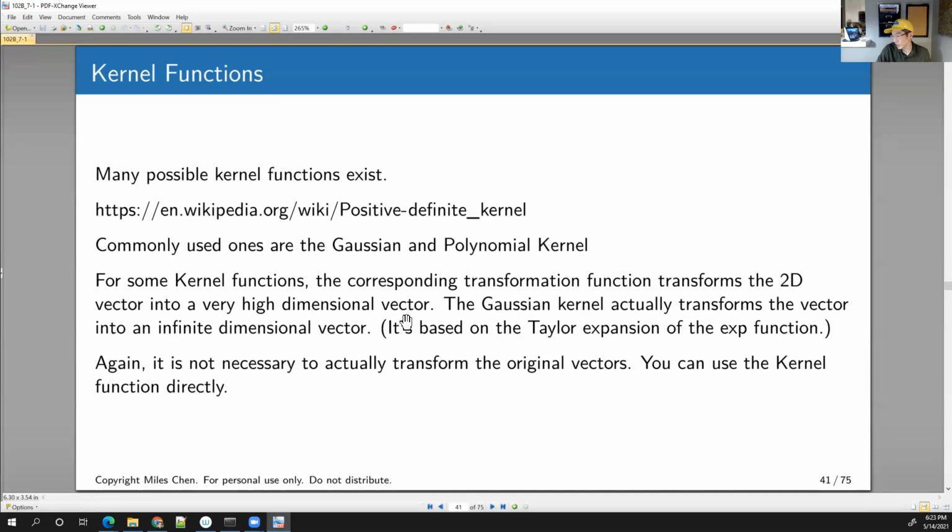If you're dealing with something like the Gaussian kernel, there's no point in actually trying to figure out what the transformed vector looks like. In our example, we went from 2D, we saw the vector in 3D, and we can plot that and calculate the inner product. When you use something like the Gaussian kernel, you just have to say, all right, it's going from 2D into infinite D, and there's no point in trying to figure out what that infinitely long vector is and what it would look like plotted.